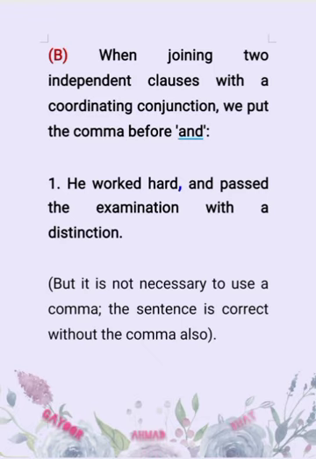Friends, when joining two independent clauses with a coordinating conjunction, we put the comma before and. For example, he worked hard, and passed the examination with a distinction. We have used a comma before and, but it is not necessary to use a comma. The sentence is correct even without the comma.